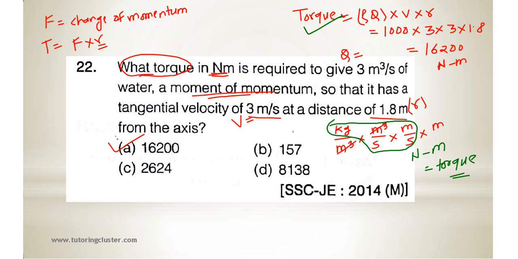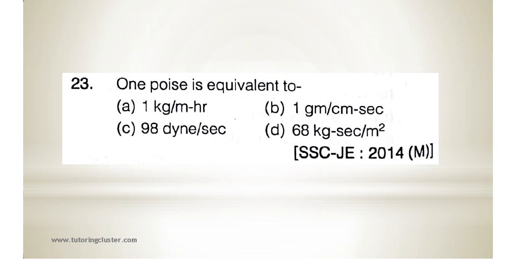Next, question number 23. One poise is equivalent to. So what is poise? Poise is a CGS unit of dynamic viscosity. So basically one poise is equal to 1 gram per centimeter second.